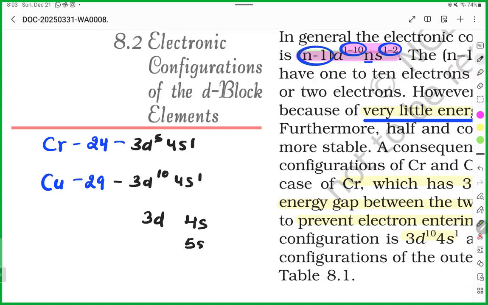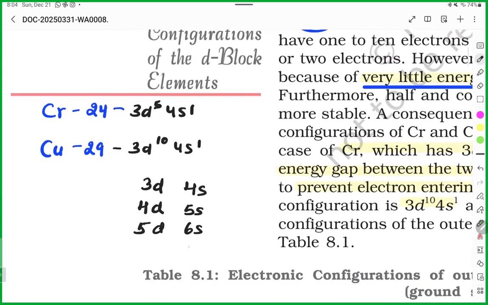Sarah, if you take 5s, what will be the d value? And if you have 5f, before that, what will be the d value? 4d. Samarth, if it is 6s, what will be the d value? 5d, and 4f.